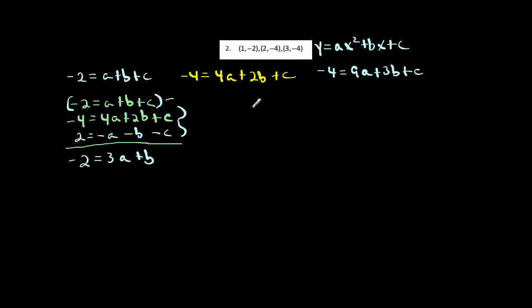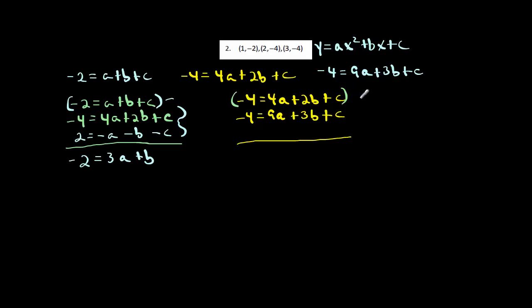Let's take the second and third and put those together. And negative 4 equals 9a plus 3b plus c. We'll multiply the top equation by a negative. That will eliminate the c, so we have 0 equals 5a plus b.